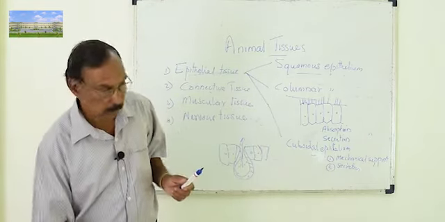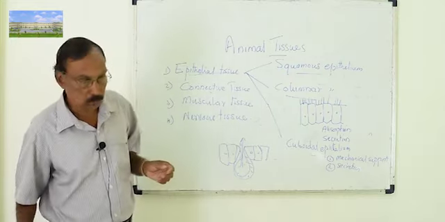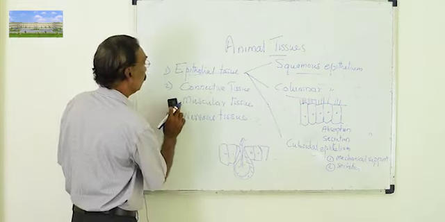Next one is connective tissue. Second type is connective tissue.